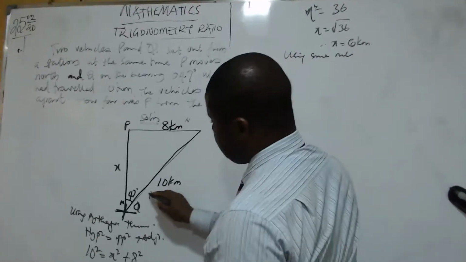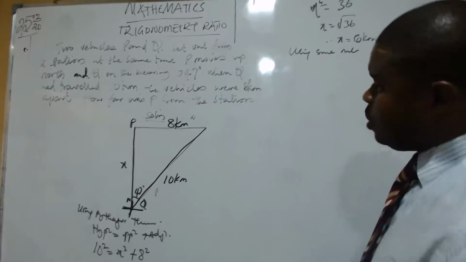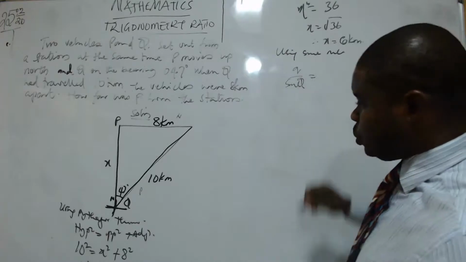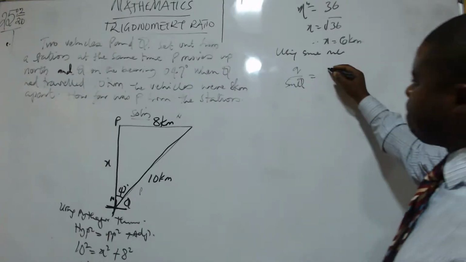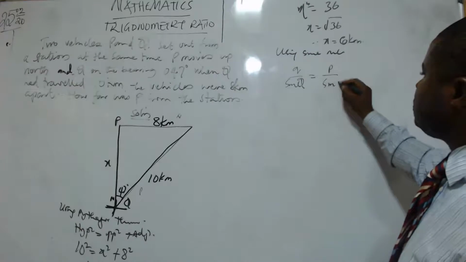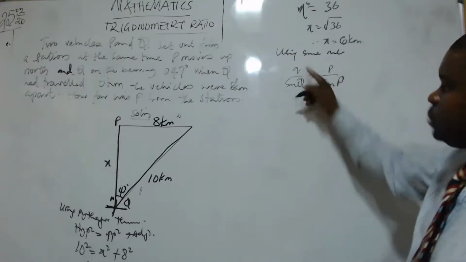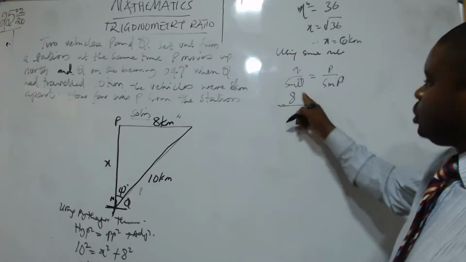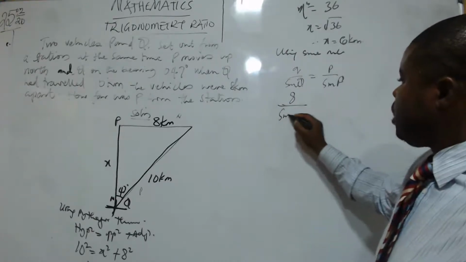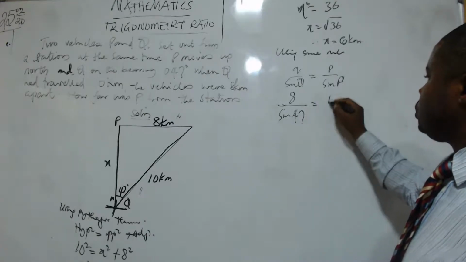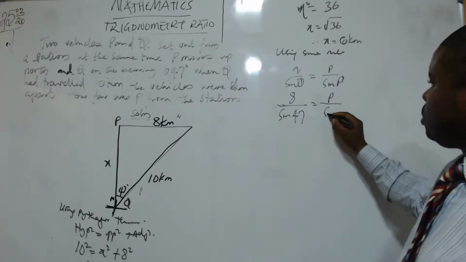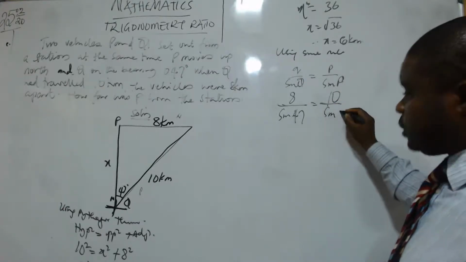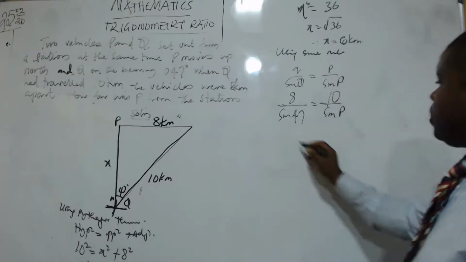Here we have P. So we have q over sine Q equals p over sine P. Our small q is 8 kilometers, so 8 over sine 47 equals P over... our p is 10 over sine P.